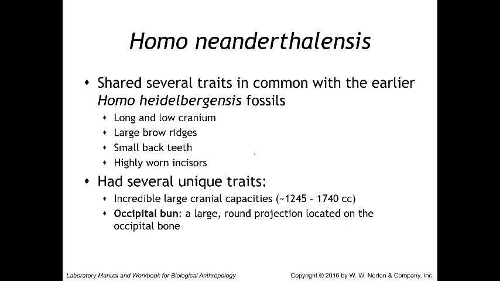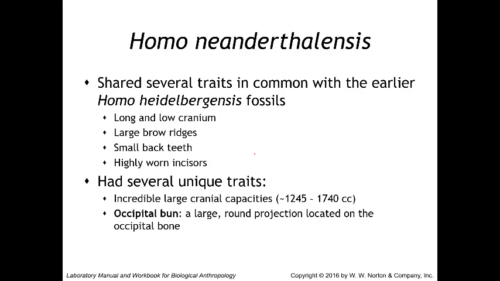The other thing I want to point out is that, on average, the Neanderthal cranial capacity was around 15-20, so in the middle of those ranges. But to give us perspective, the average human cranial capacity is 1400 cc's. So they had larger brains than we do.